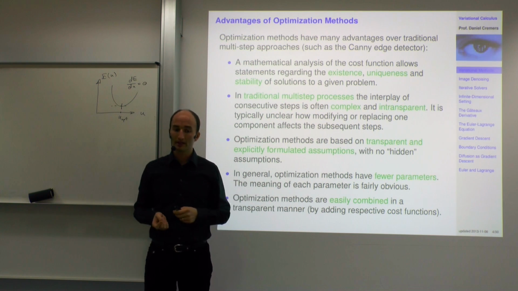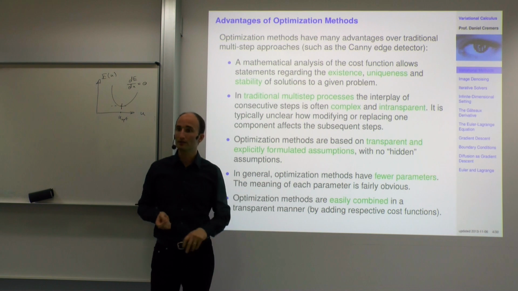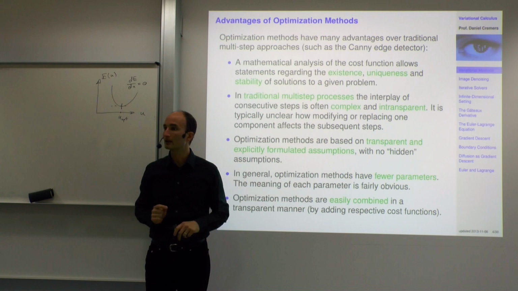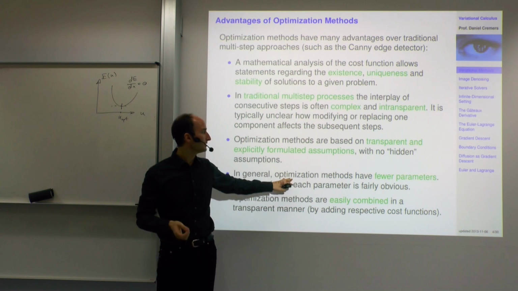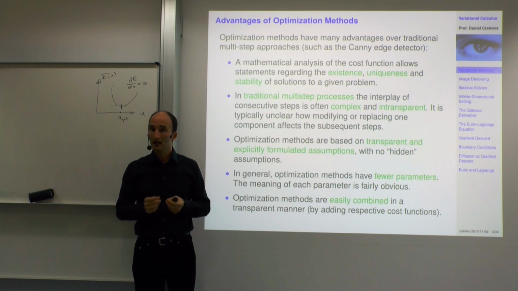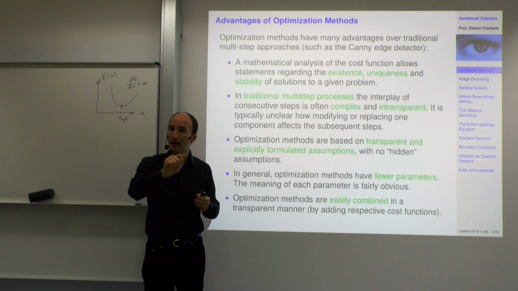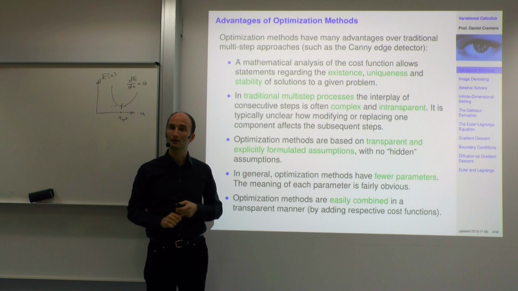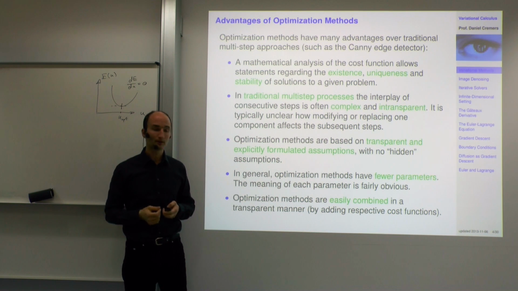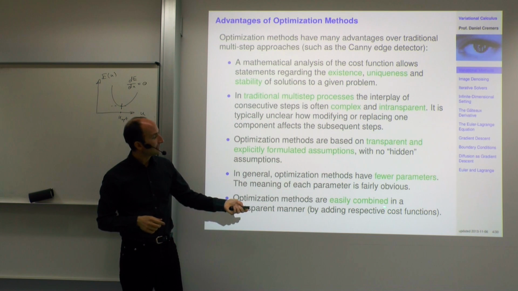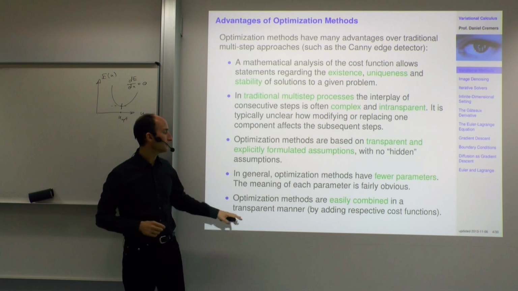There are parameters in optimization methods, but they're quite transparent. Not like the threshold value in step 6 of the algorithm, but all the parameters enter the cost function, and then they have a very clear meaning. And you have a good understanding of what happens to the final solution if you change that parameter. In addition, you can easily combine them and replace them.